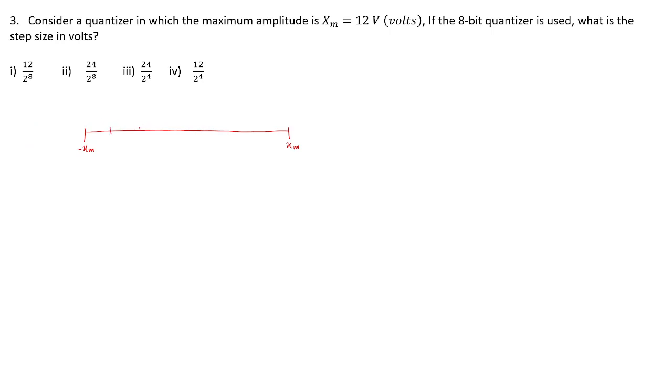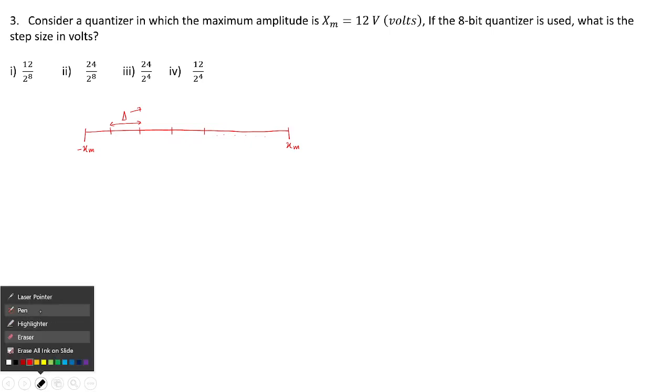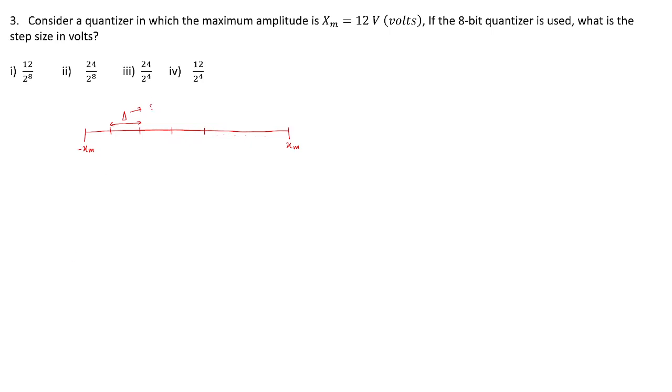The quantizer is going to divide its entire range into a few levels, and the gap between consecutive levels is called the step size. Of course, for the same range, if you have more levels, your step size reduces. That leads to a more accurate approximation of your data.